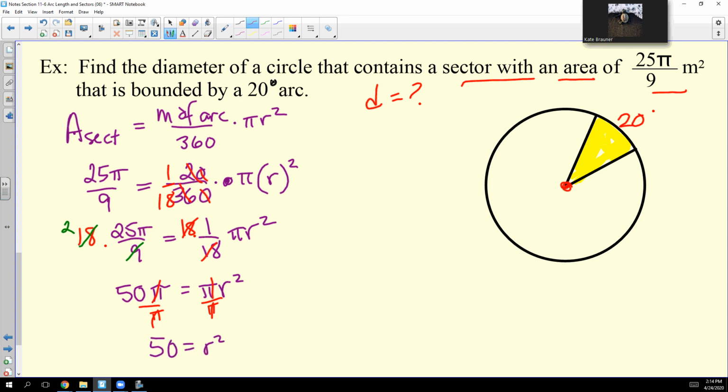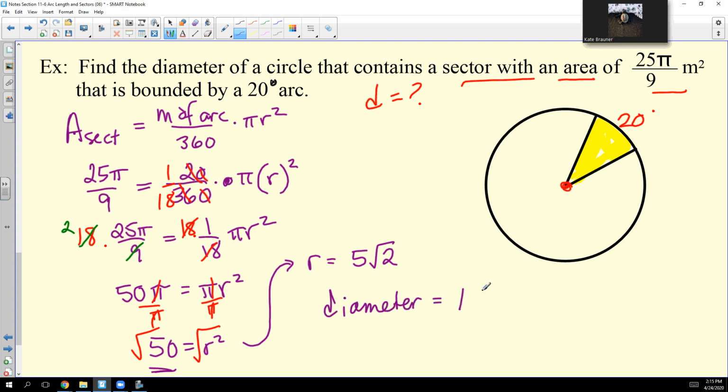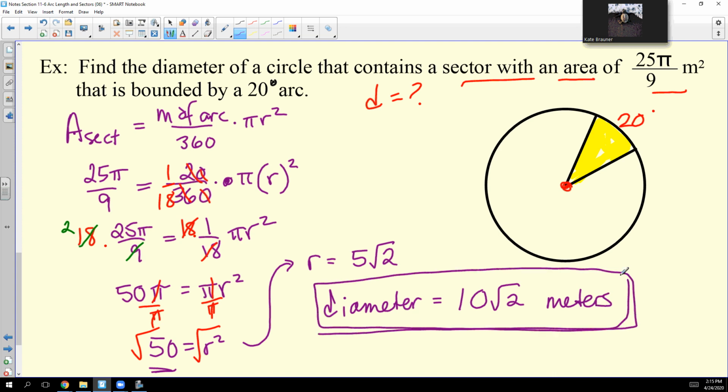Take the square root of both sides to find the value of the radius, so that then we can get the diameter, right? So the radius is going to be 5 square root of 2. Don't forget how to simplify your radical expressions, which means the diameter is going to be equal to 10 square root of 2 meters, because remember the diameter is twice as long as the radius. Got it? And that's it.